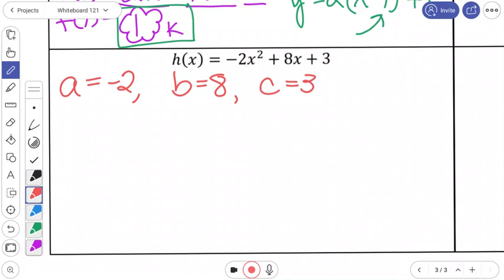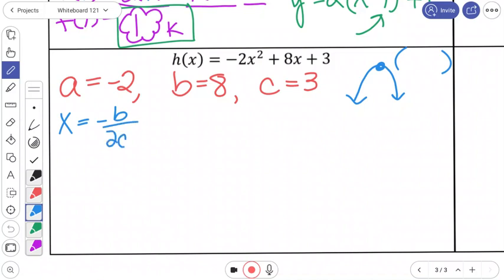All right, and then we need to figure out what is the vertex. Because our a value is negative, it opens down. Our a value is -2, so this time my parabola is going to open down. We need to figure out this point right here. So we're going to use the formula x equals -b over 2a.